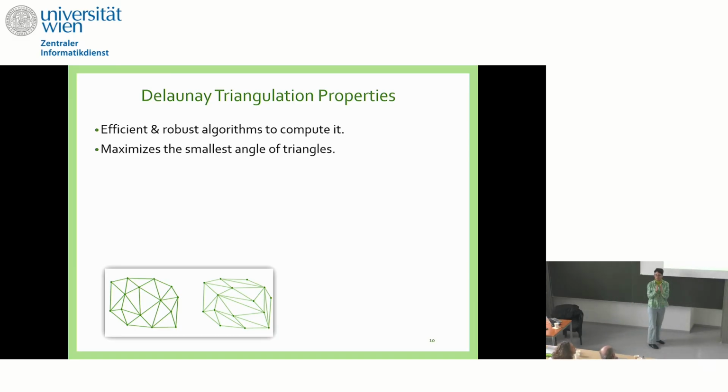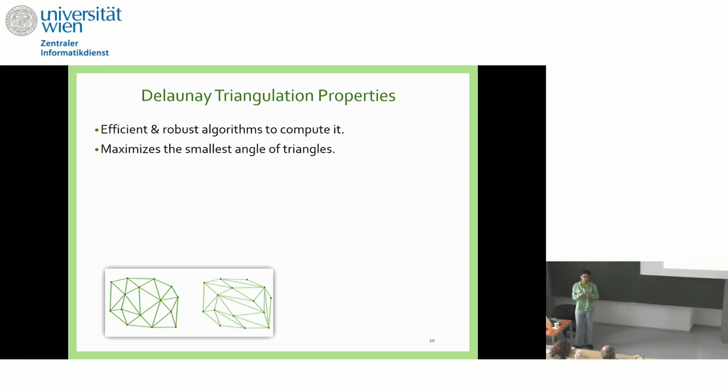We are avoiding tiny triangles that would lead to numerical errors for many reasons. And theoretically, it has been proven, and it's not that difficult to prove, that this Delaunay triangulation is the one which maximizes the minimum angle over the whole space of triangulations that you can think of on your point set.